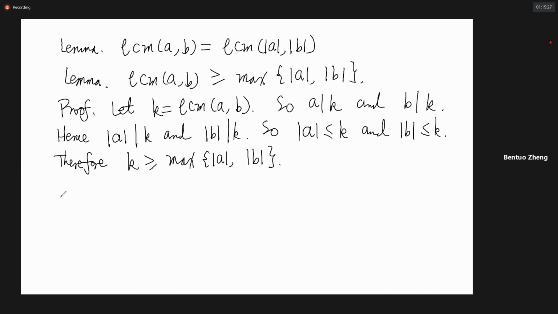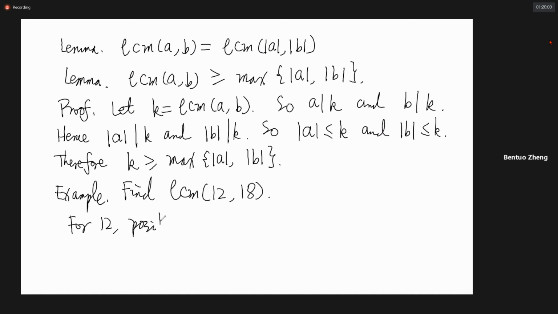Okay, so let's look at an example of how to find the least common multiple, and then we're done. Find the least common multiple of, say, 12 and 18. How to find it? We just write down the multiples of 12. For 12, the positive multiples are 12, 24, 36, 48, 60, 72, and keep going.